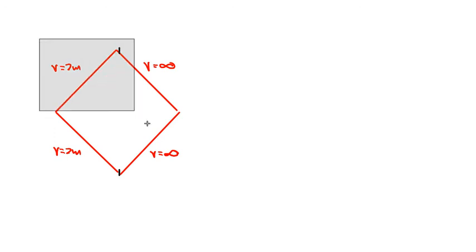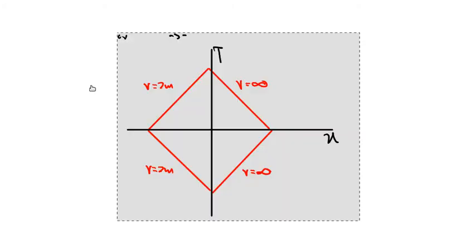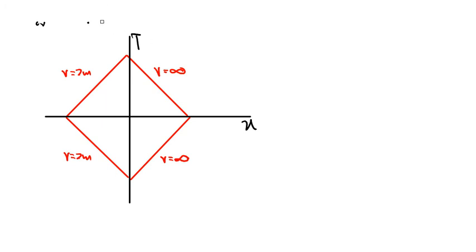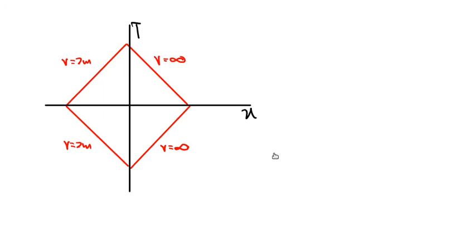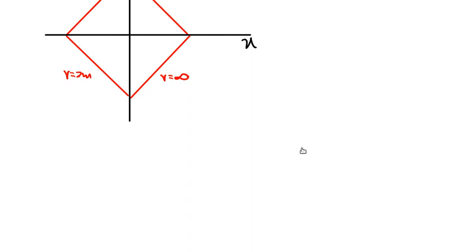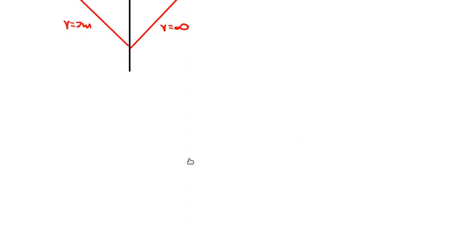So I'm just going to take this away and paste the diagram again. Okay, so this is the Penrose diagram of the exterior region, and then the Penrose diagram of the interior region.